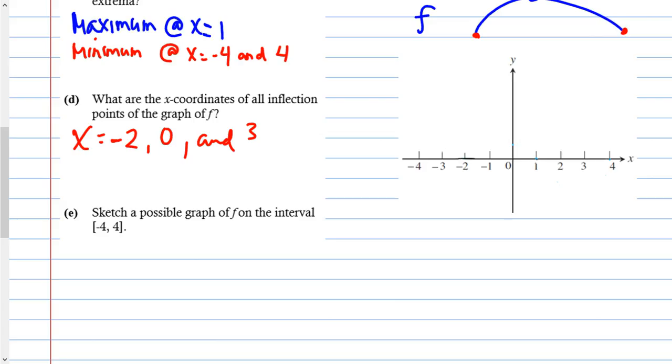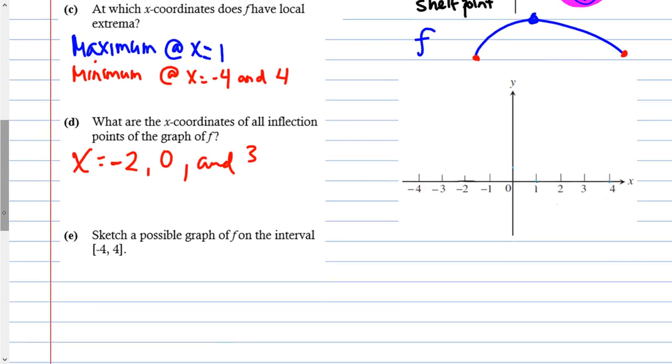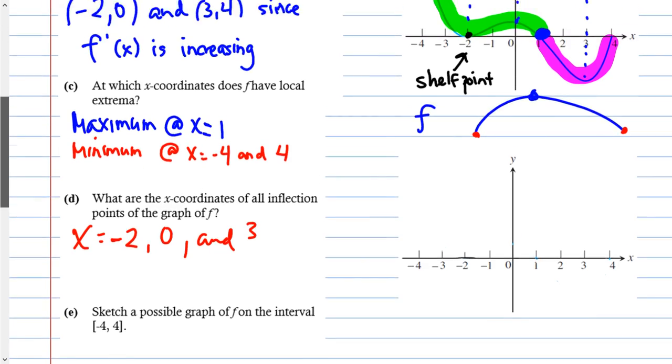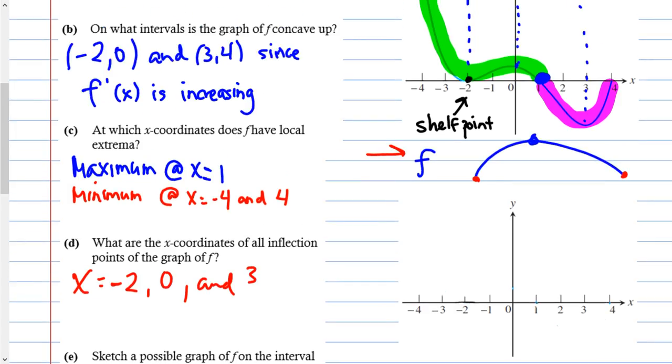E. Sketch a possible graph of f on the interval from negative 4 to 4. So now I'm possibly sketching a possible graph. Now, my little ghetto sketch here didn't take into account concavity, right? So it's not really that great. It's okay. It's not really great.